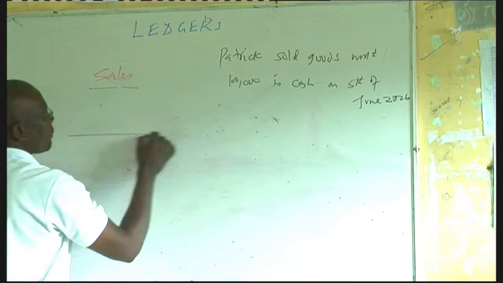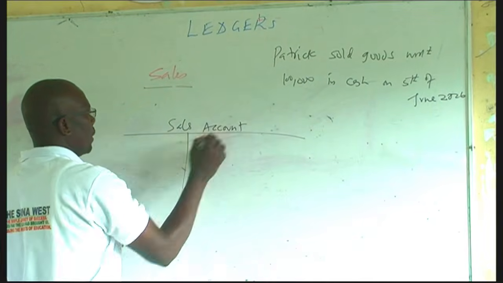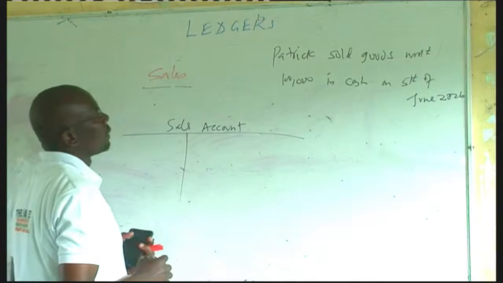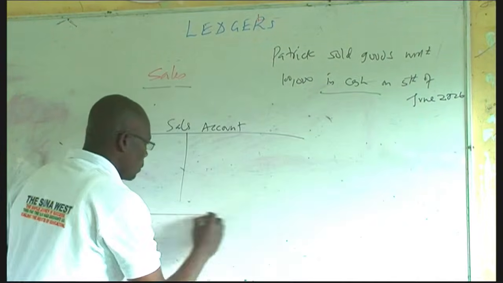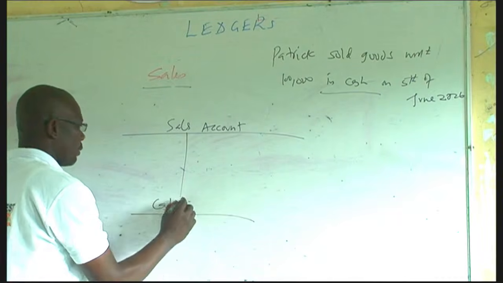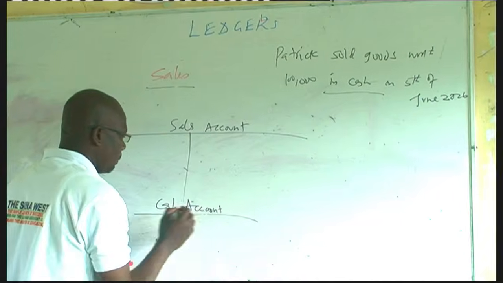Then we will have the account for sales, and the other account that is affected is cash. So we will have the cash account there because of the double entry concept.